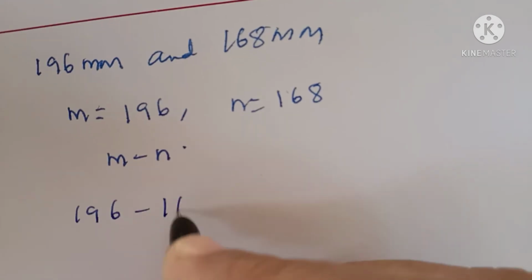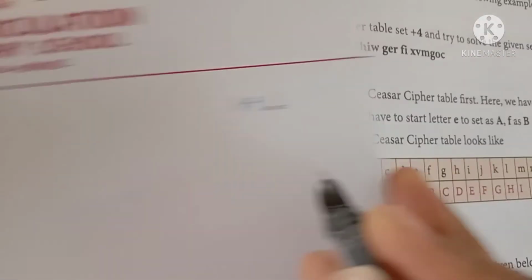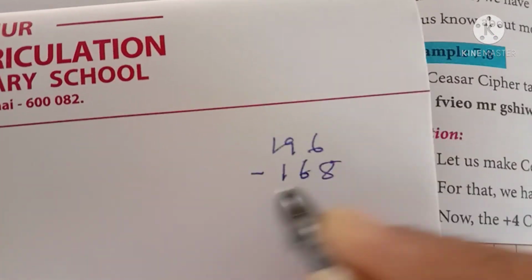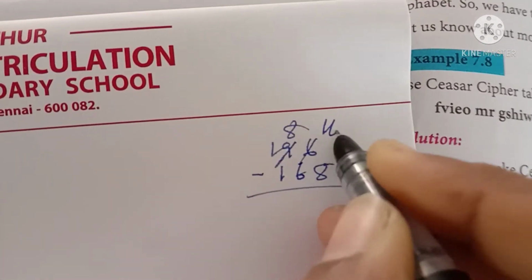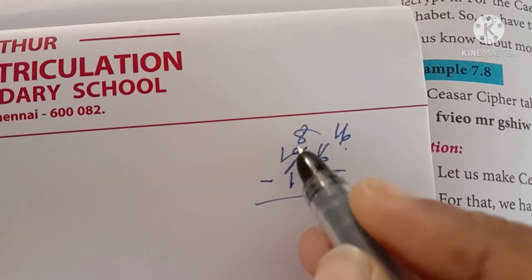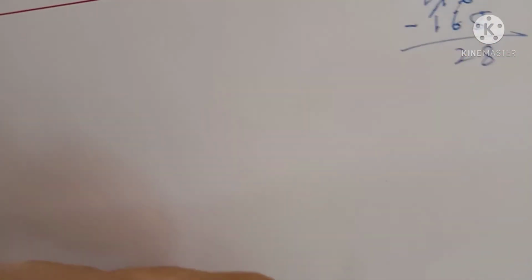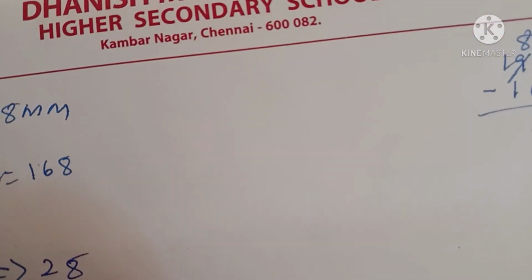196 minus 168. 16 minus 8 is 8. 8 minus 6 is 2. Therefore, 28.